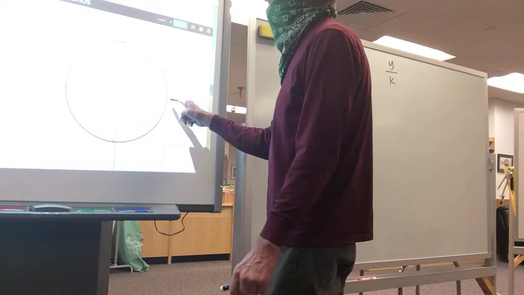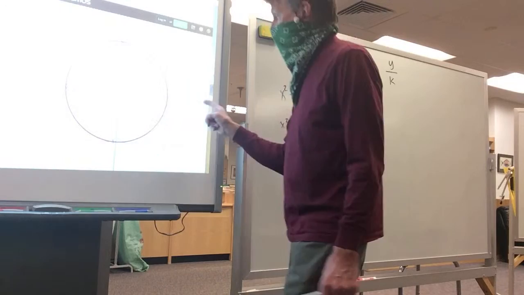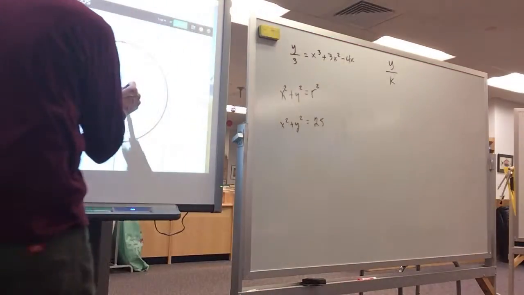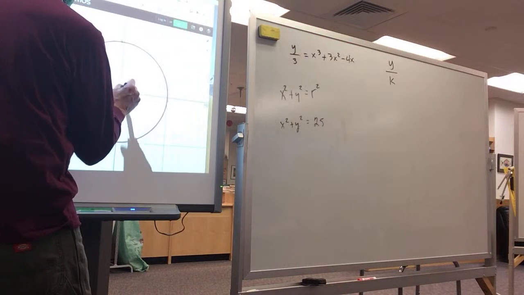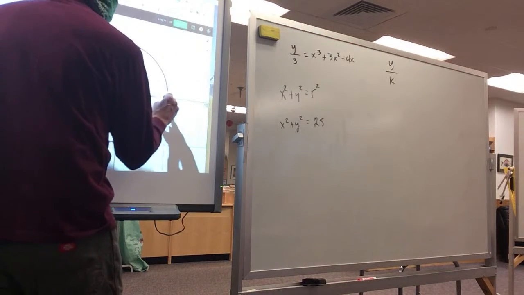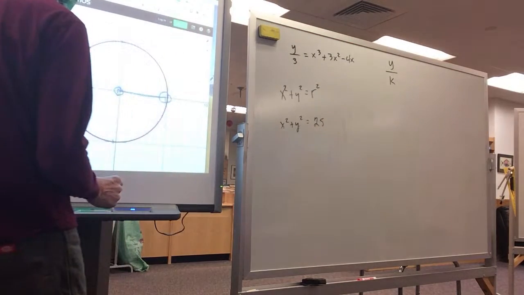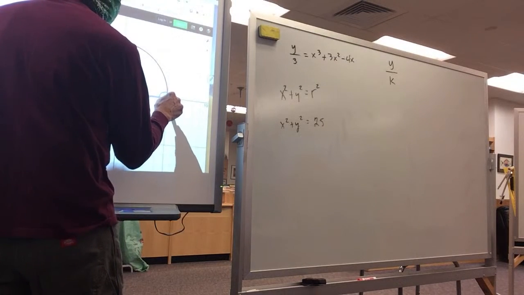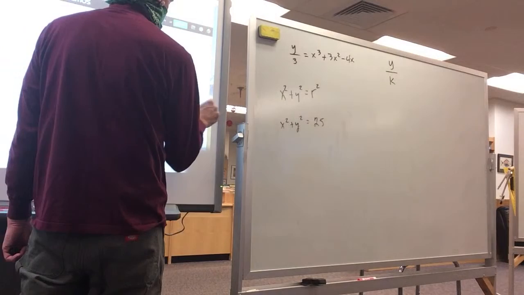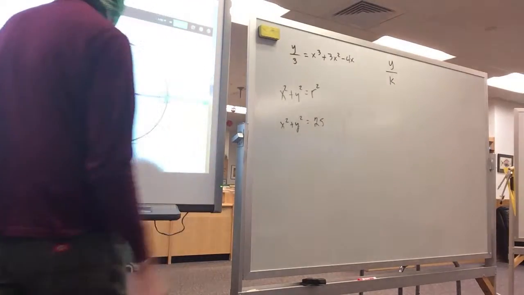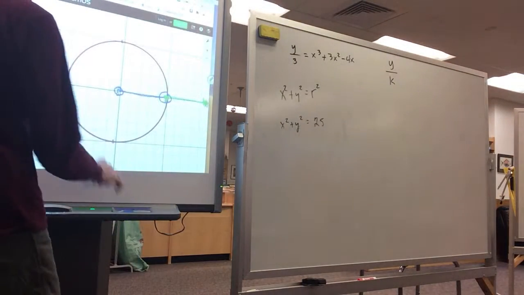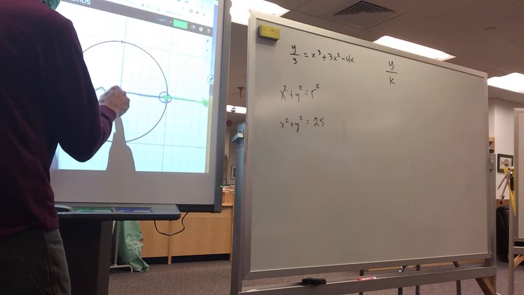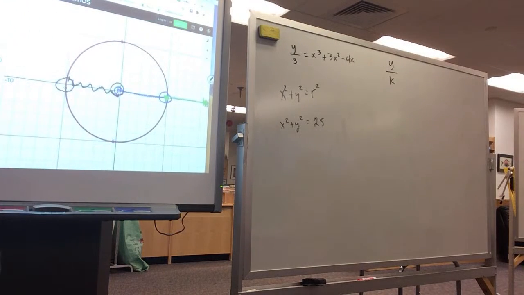So what if we wanted to get this circle to be moved out here, twice as far away from the y-axis? In other words, I want to take this point here, the origin, and move it over so that the origin is here. At the same time, take every single point on the circle and move it 5 to the right. So I would also take this point here and make it into the origin.